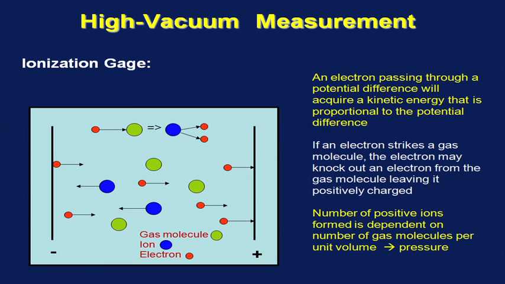Number of positively charged ions formed will depend on the number of gas molecules present in the enclosure, which is a measure of pressure. So, if I measure the current produced by these positively charged ions, in other words this ion current, it can be taken as a measure of pressure. This is the principle on which the ionization gauge works.